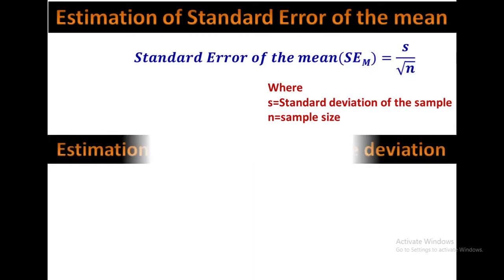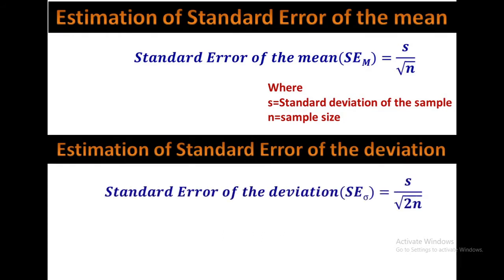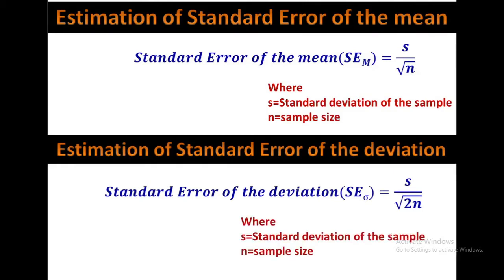To estimate the standard error of the deviation, the formula is s divided by square root of 2n, where s is the standard deviation of the sample and n stands for the sample size. But the standard error of deviation is rarely used in statistical analysis.